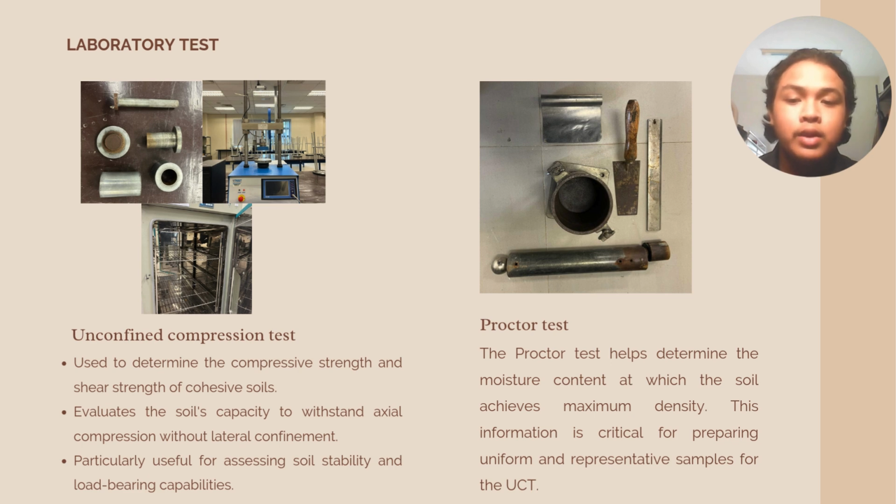It is particularly useful for assessing soil stability and load-bearing capabilities. Next is the proctor test. The proctor test helps determine the moisture content at which the soil achieves maximum density. This information is critical for preparing uniform and representative samples for the UCT.